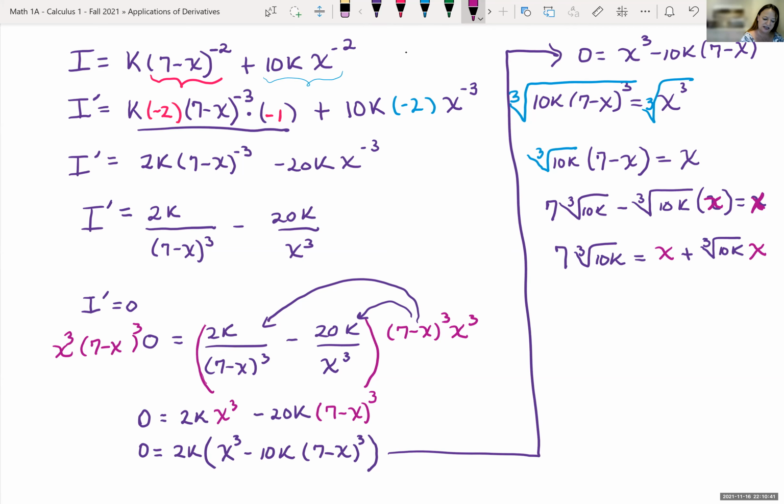So let's factor out that x from both of those terms. So we have 7 cubed root of 10k is equal to x times that quantity, 1 plus the cubed root of 10k.